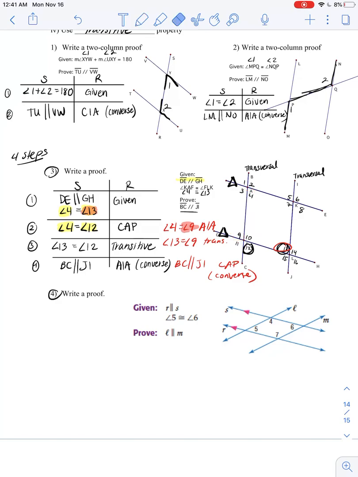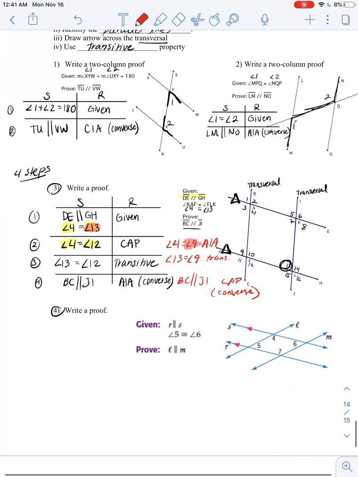The other way you could do it would be to use the other transversal. So if we had covered up the one on the left, and this is what I mean, it starts to get kind of messy, then we would be going this direction.